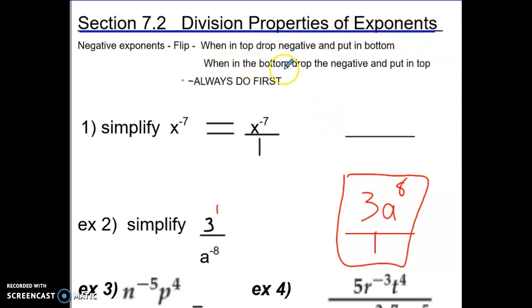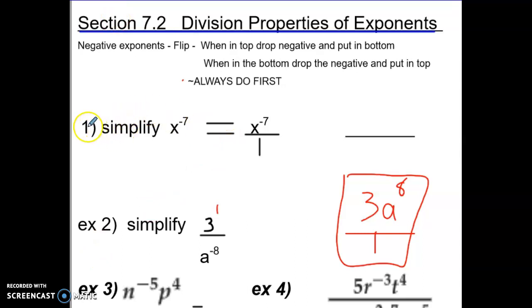When the negative is in the bottom, like down here, you flip the term to the top and drop the negative. So you always try to do this one first when you can. Obviously, following order of operations is also the most important, but you want to try to do this one before you do any distributing. Anytime you have a power raised to a power, you want to do this operation first. So let's look at it.